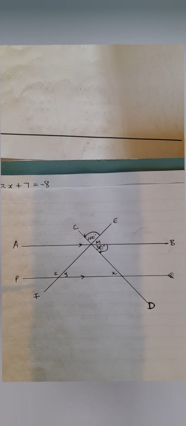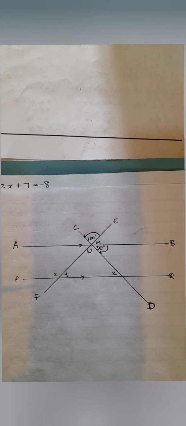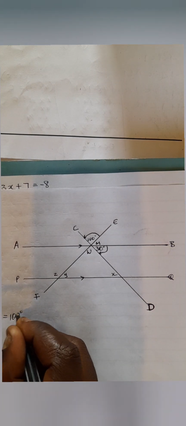5.1 Angle W. What is angle W? Where's W? Okay, here's W on the diagram. Okay, they say angle W. We know that angle W is 100 degrees.